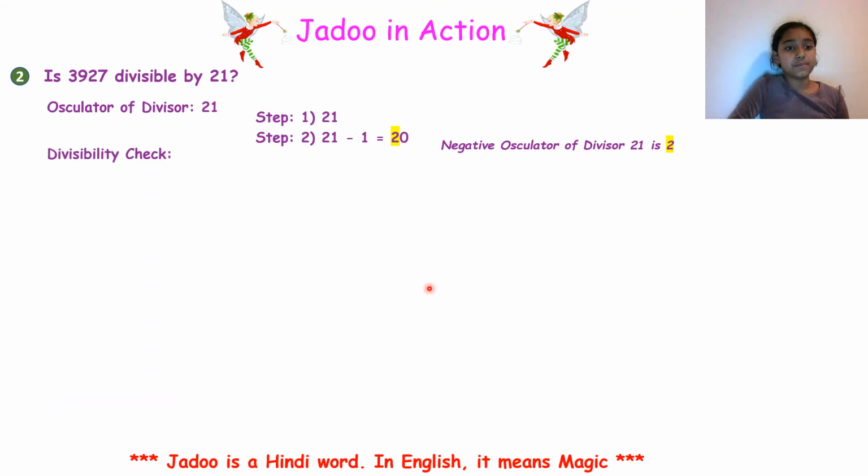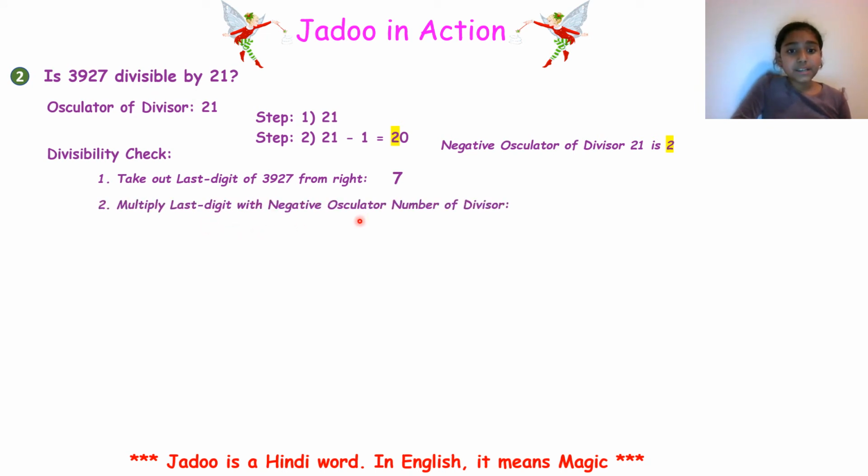Let's do the divisibility check. First, take out the last digit of this number from the right, which is 7. Second, multiply the last digit with the negative oscillator number of the divisor, which is 7 times 2 is equal to 14.